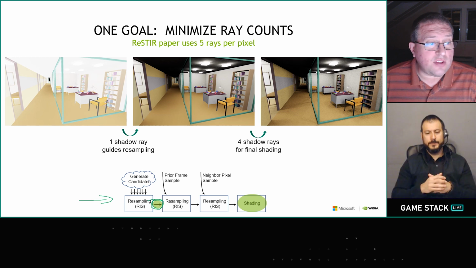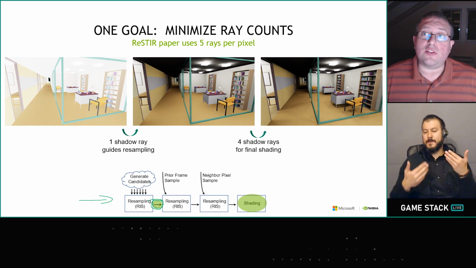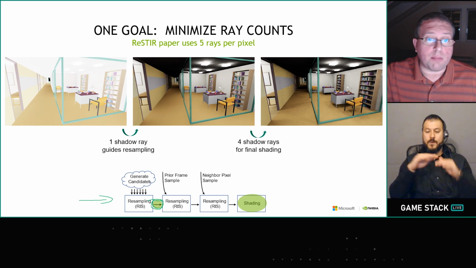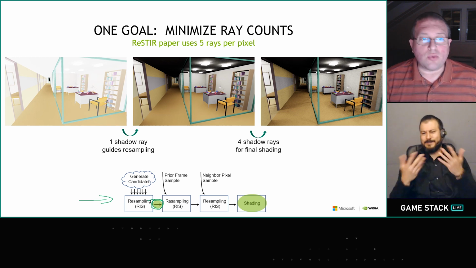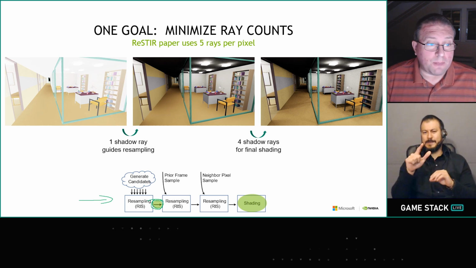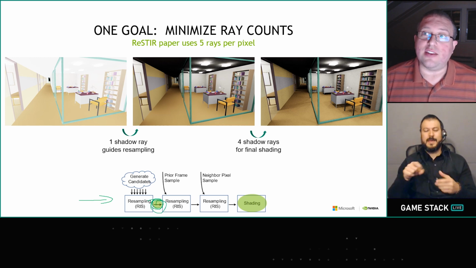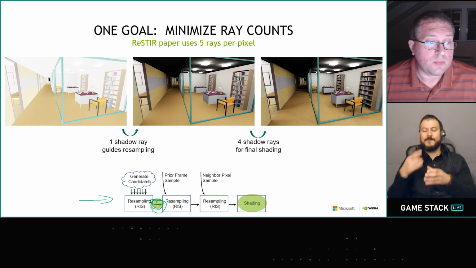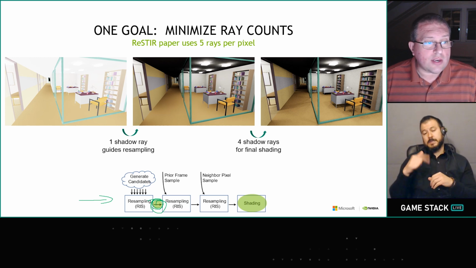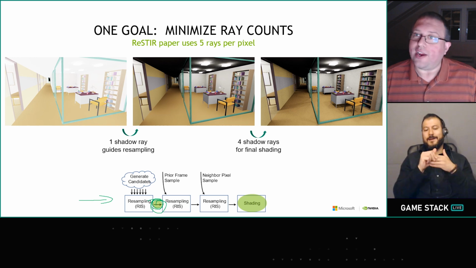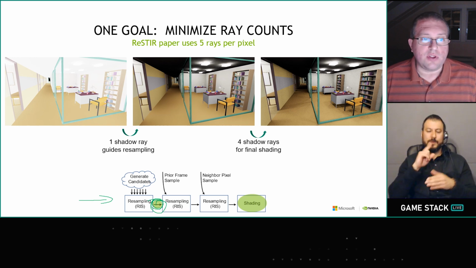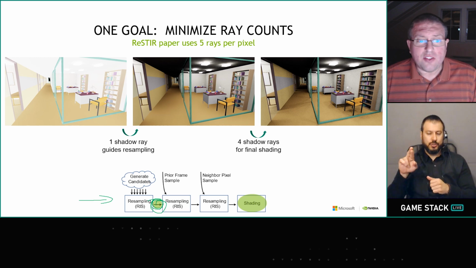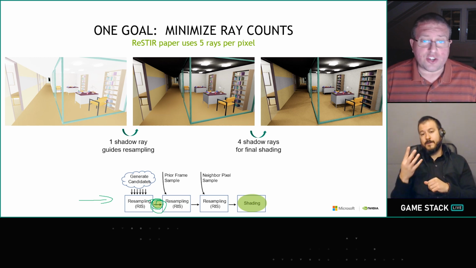And so in this room here, we might be selecting a light 4 floors up across the building, and that's not really relevant to any of the pixels on our screen. And so by shooting a shadow ray here, we can avoid sharing that data with our neighbors and polluting their pool of lights. And so this one global guide ray really improves the quality that you achieve with ReSTIR.